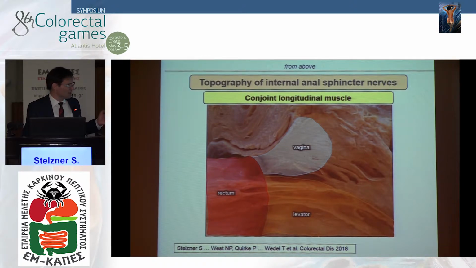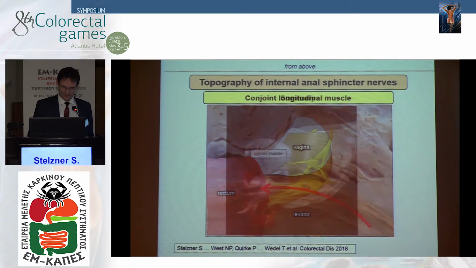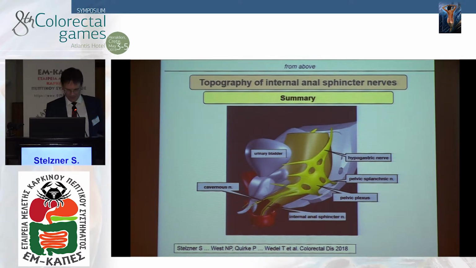This is the initial female specimen with the vagina in front, and in this anterolateral triangle of the rectum run the internal anal sphincter nerves. This is a scheme to summarize our findings.